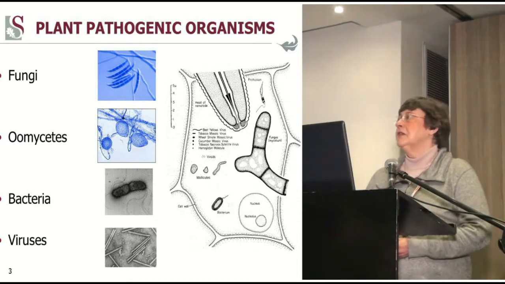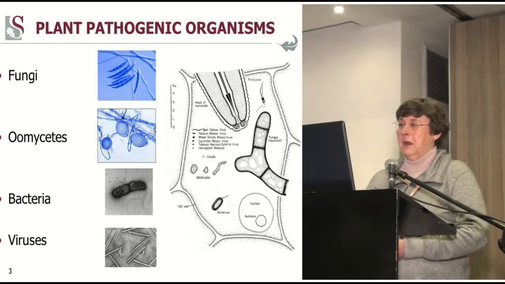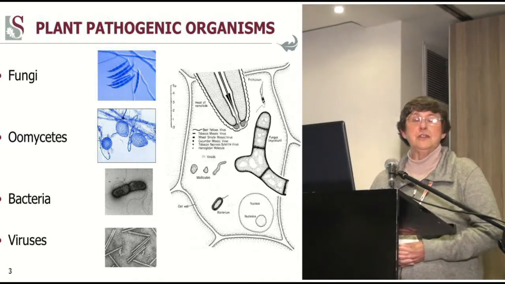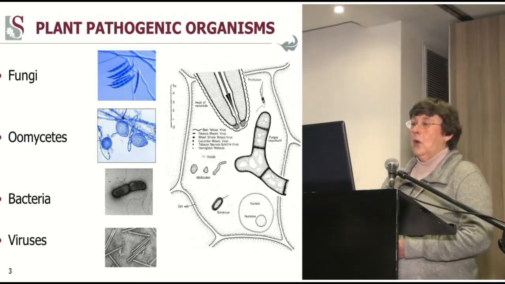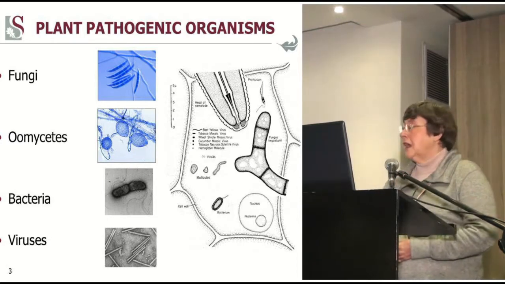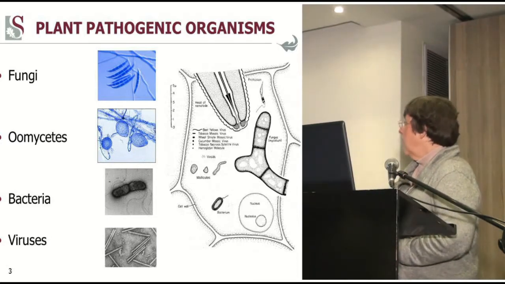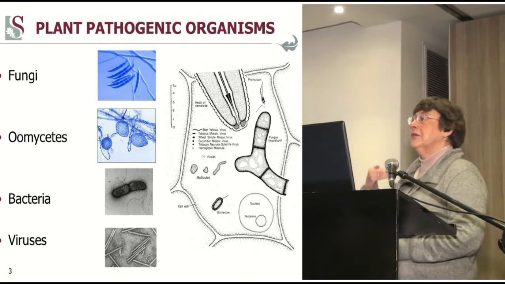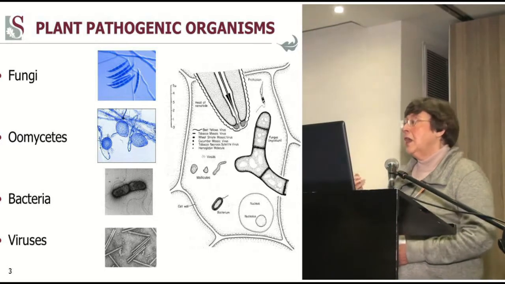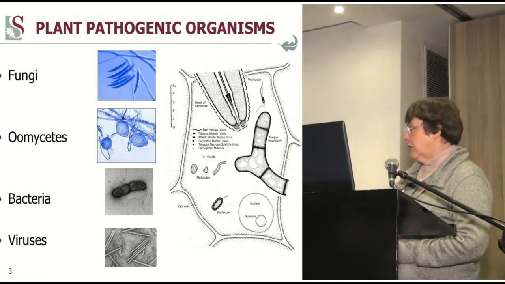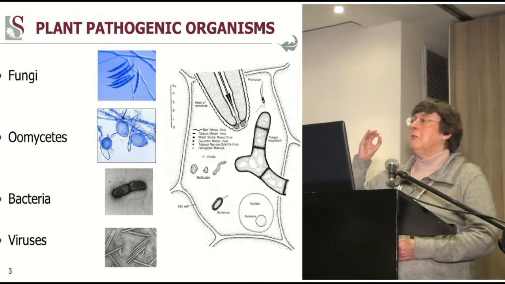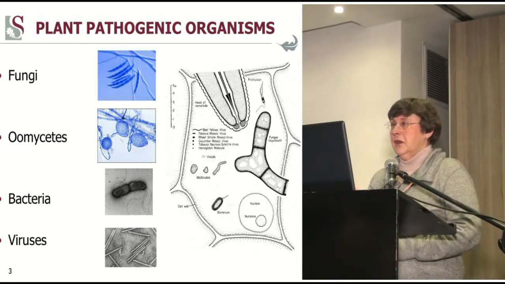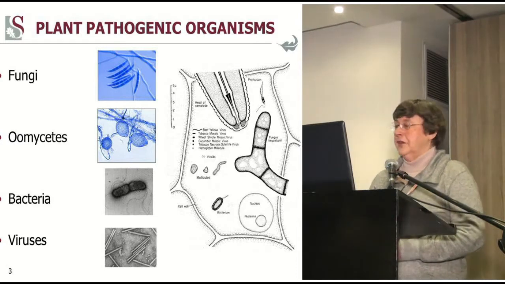Now, if we look at the major causes, the pathogenic organisms, a disease is caused by a specific type of organism, a pathogen. Those pathogens can be fungi or oomycetes, bacteria, viruses, and in addition to that, we can also get mycoplasmas and phytoplasmas. These mycoplasmas and phytoplasmas are microscopic organisms that will cause plant diseases.